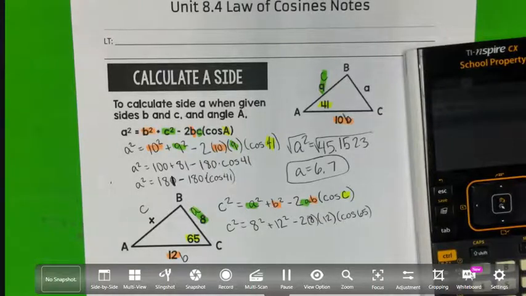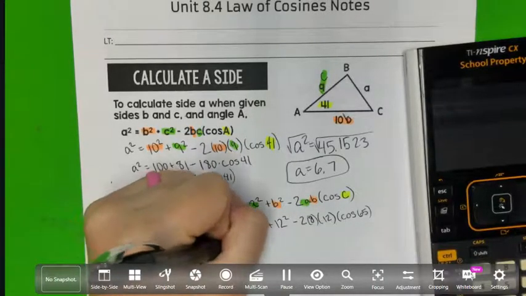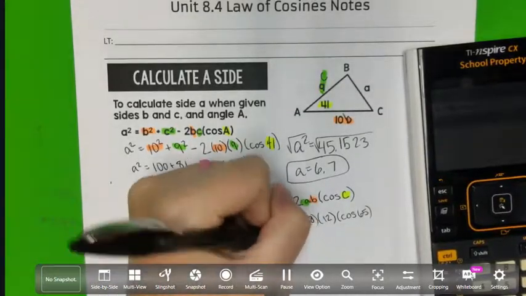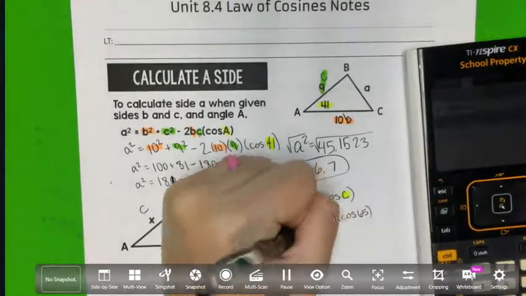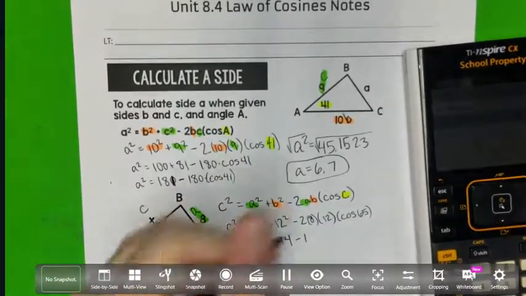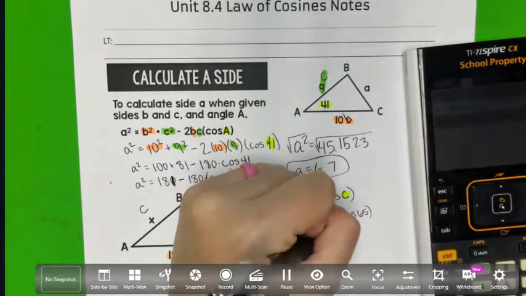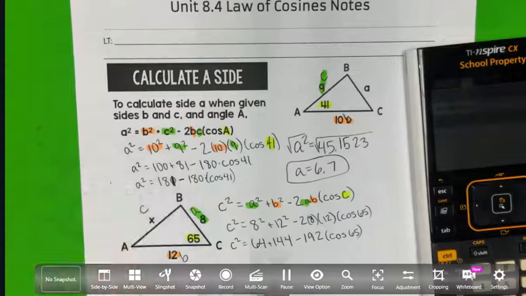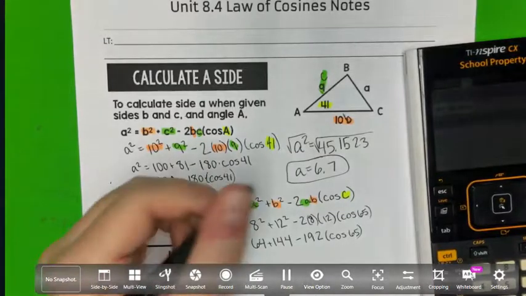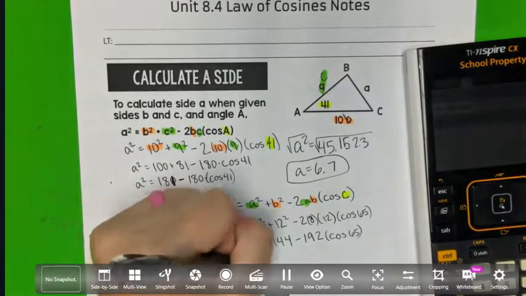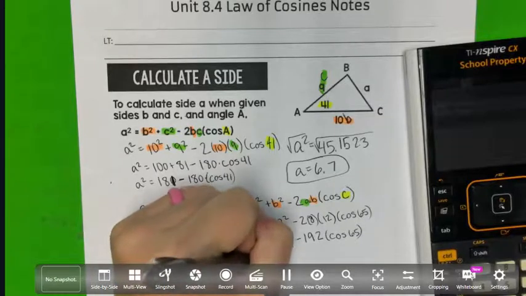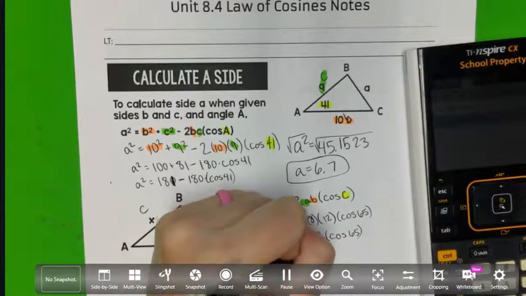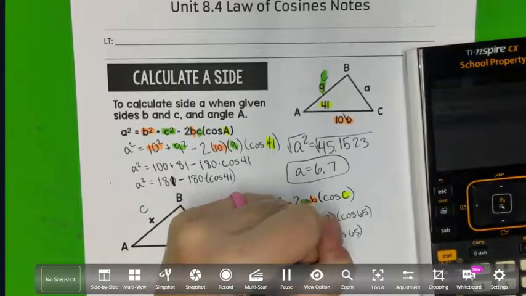Now we are ready to keep chugging along. 64, 144, minus 192, and that's 2 times 8 times 12, times cosine of 65. We can add this together: it was 208 minus 192 times cosine of 65.